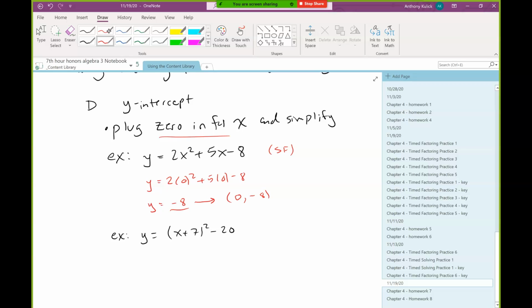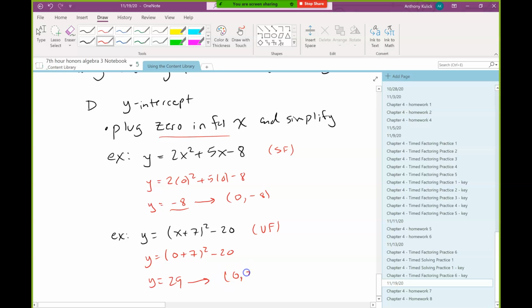If we have a vertex form, nothing really changes. We just start by plugging 0 in for x. 0 plus 7 is 7, and 7 squared is 49, minus 20 is 29.